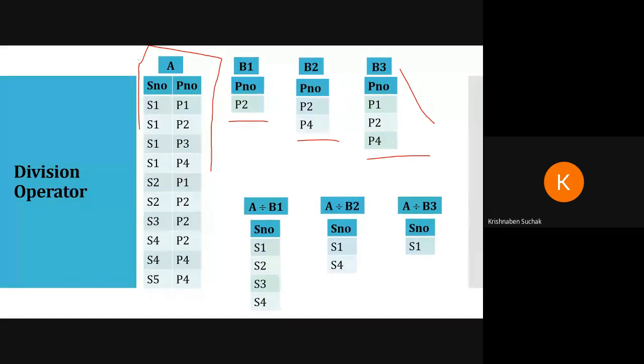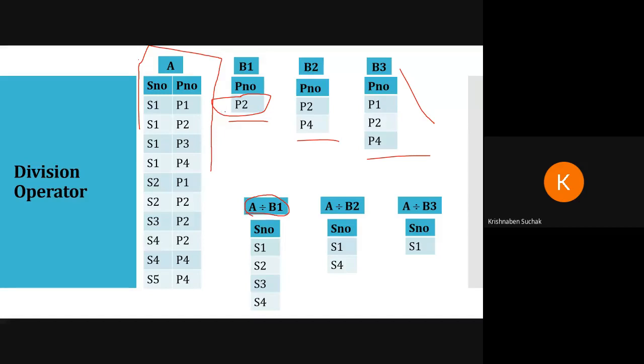Now when I am writing A divided by B1, what values am I getting? You can see here in B1, P2 is given, and in A many such records are given. But which records will be fetched from A?